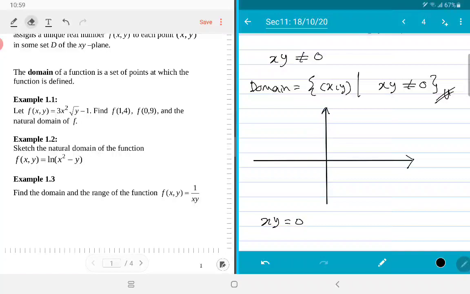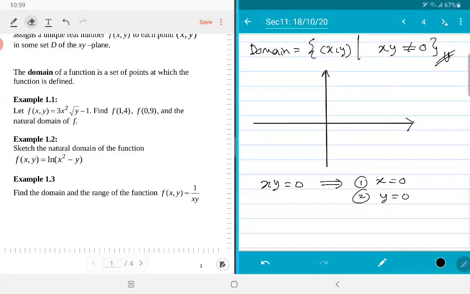If x times y is 0, the first case is x is 0. The second case is y is 0. Or the third case is both of them are 0. x is 0 and y is also 0. So x equals 0 would be everything on the y-axis.